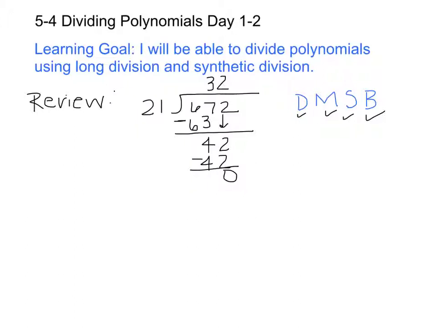And once you get here, you will get a remainder of 0. So that means that 21 is a factor of 672 as long as you don't get a remainder. Now, we can use that same concept with polynomials.